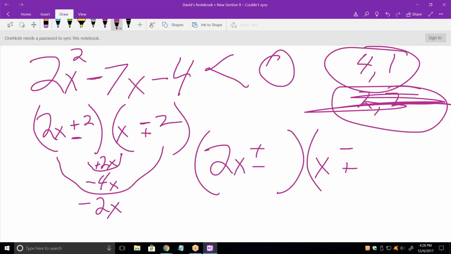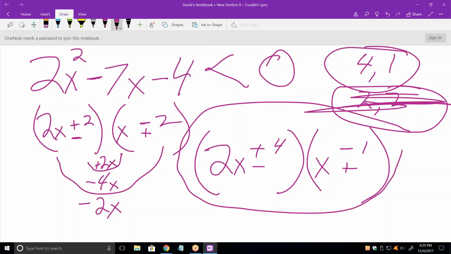Now let's try 4 and 1, just randomly. I'm not even going to try to figure out the answer. Does this work? What middle term does this produce? -4. No, this answer right here that I've just tried, the only way we can tell whether it's correct or not is to figure out the middle term. If it's minus 7x, it's correct.